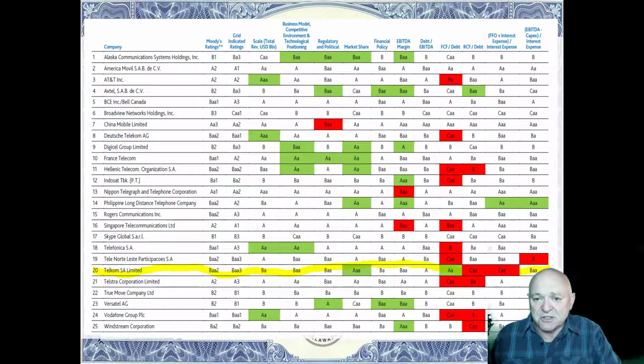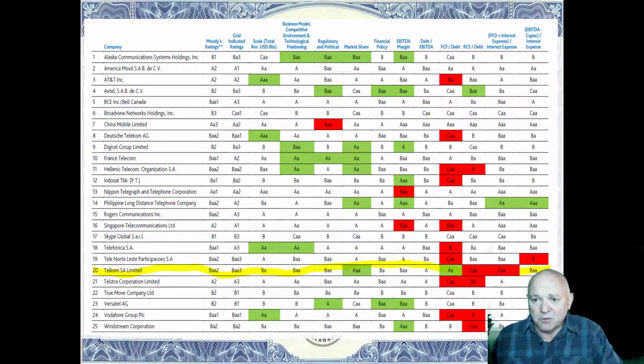The factors that affect them include things like scale. In terms of overall size and billions of dollars of sales, they're actually only a double B. They're a little bit below their average rating. In terms of their business model, they're rated triple B, which is right on track with their overall rating.